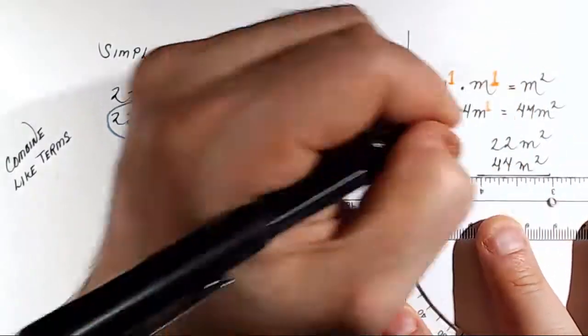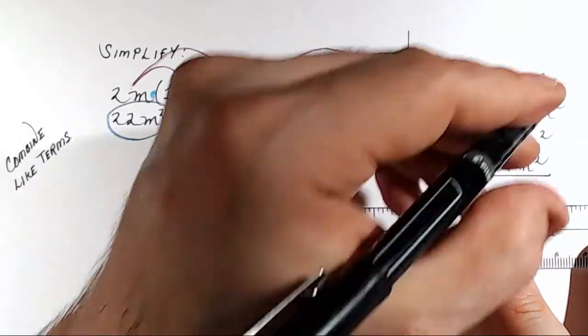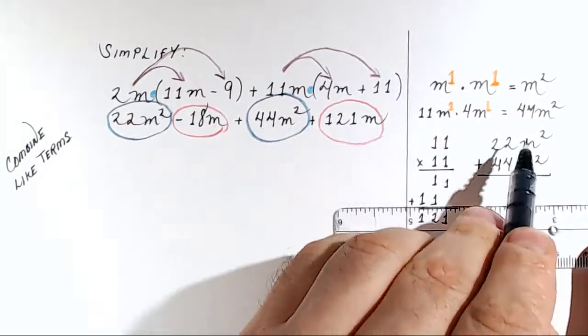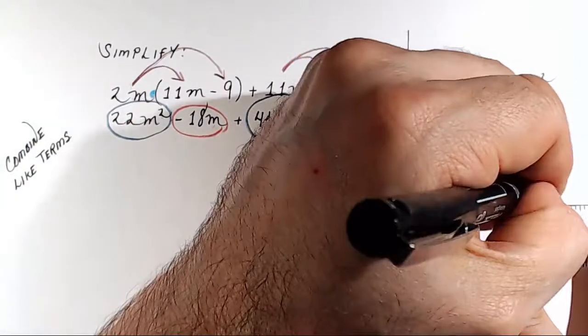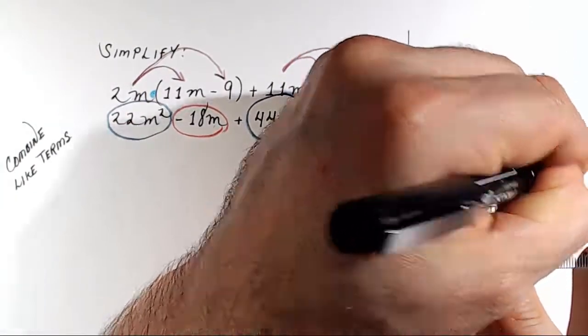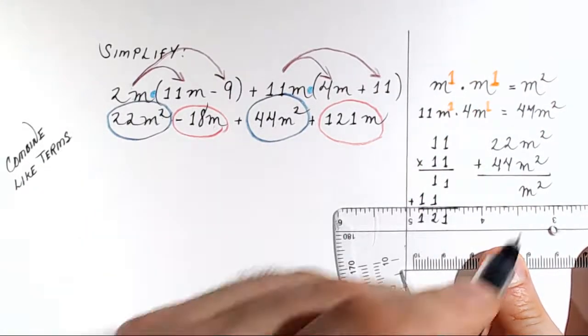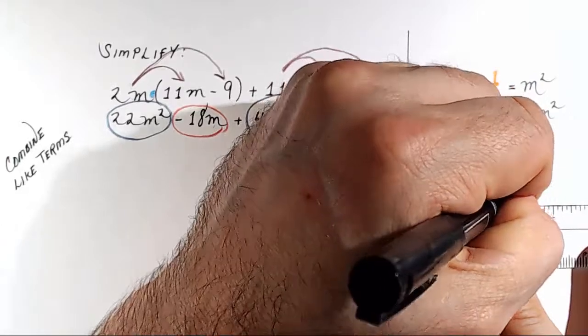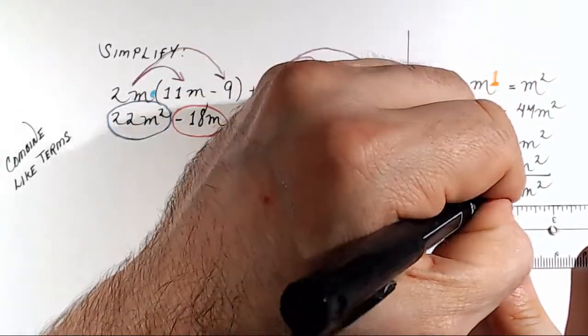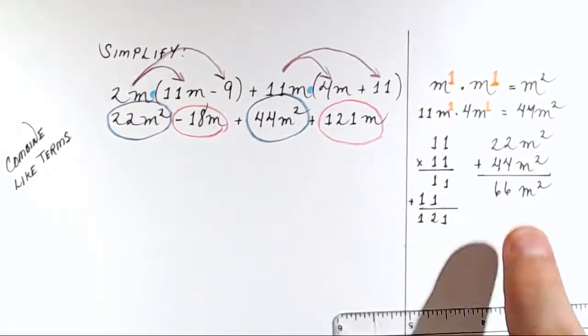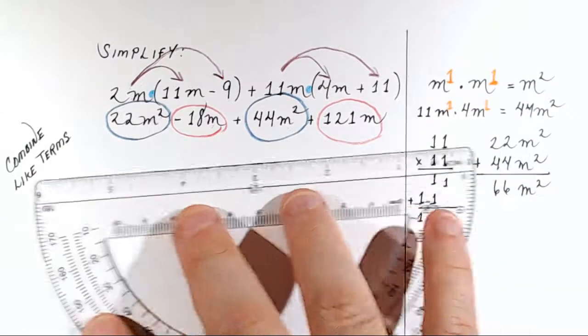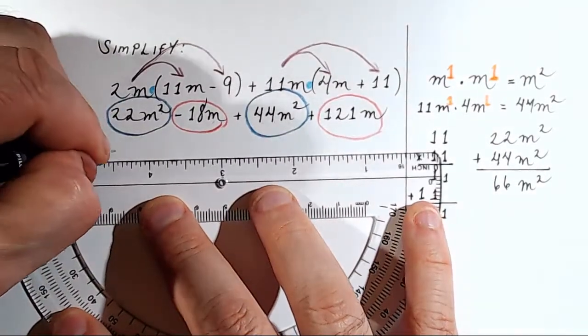Now just because it's a squared term doesn't mean there's anything weird going on. The m squared, just like before, just comes along for the ride. 22 plus 44, all right? 2 plus 4 is 6. 2 plus 4 is 6. So we have 66m squared. So we put 66m squared.